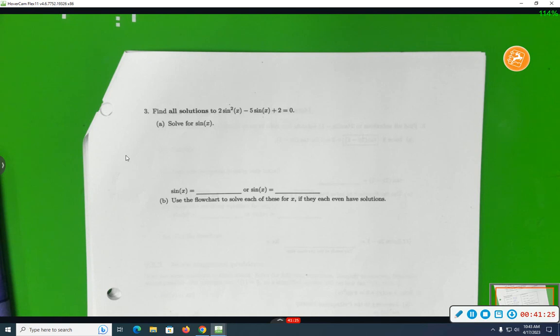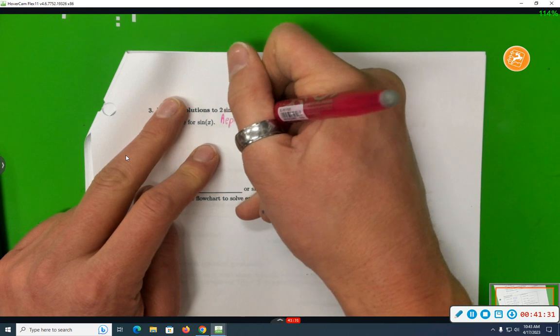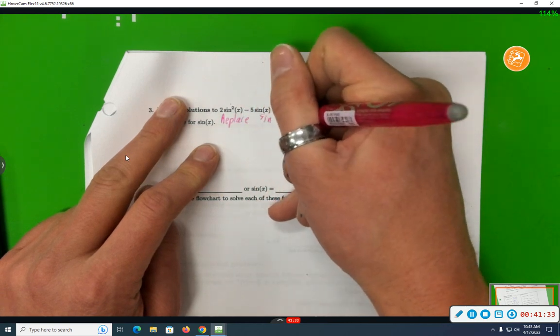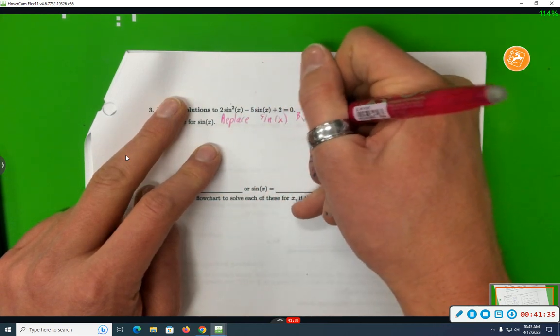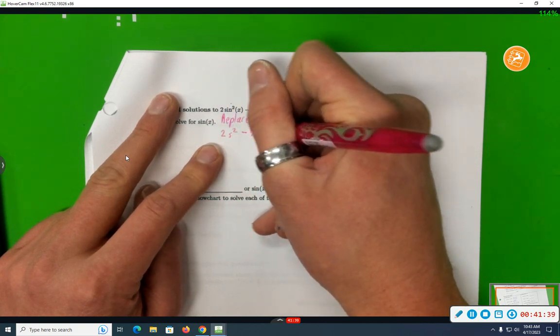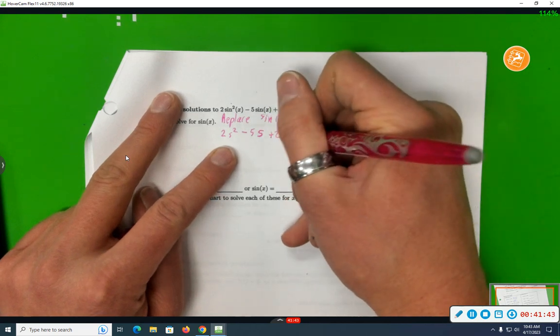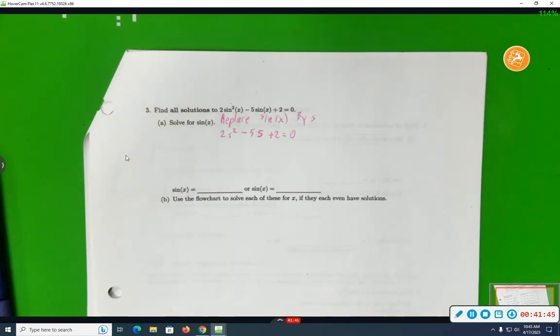So let's just replace all these sines with a variable name and see what happens. So let's replace sine by s. That'll give me 2s squared minus 5s plus 2 equals 0. That look easy to solve for s? Or easy enough anyway.